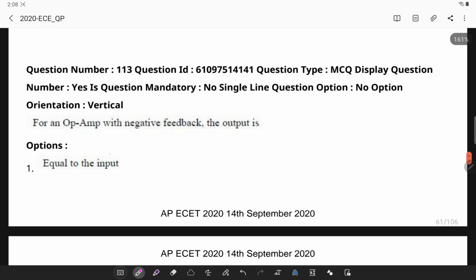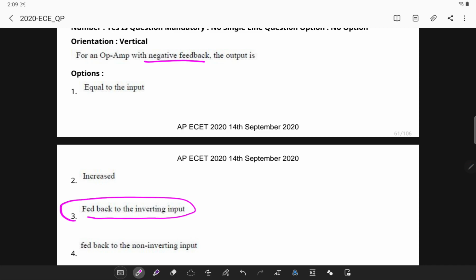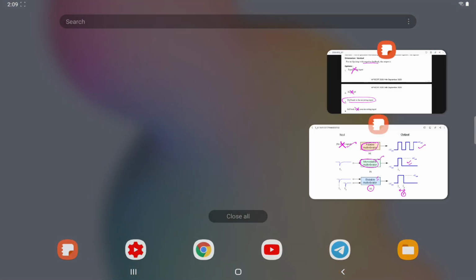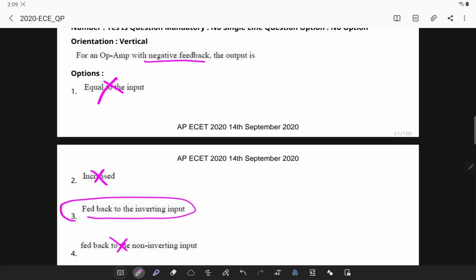So for an op-amp, operational amplifier, with negative feedback, the output is fed back to the inverting input, because I go by the option of eliminating the other options. So see this particular diagram. Part of your output is directly connected to the negative terminal.